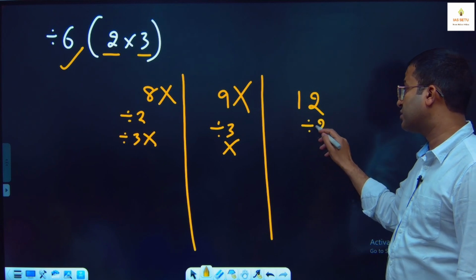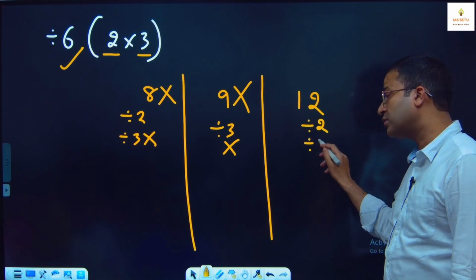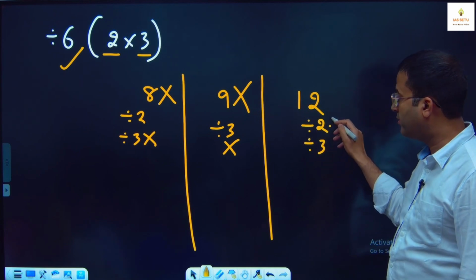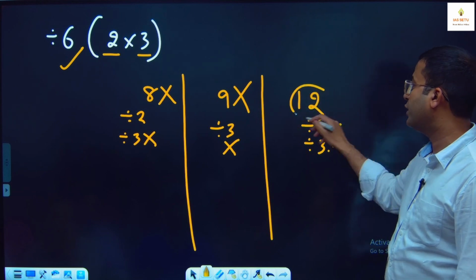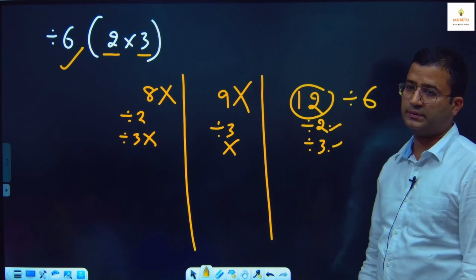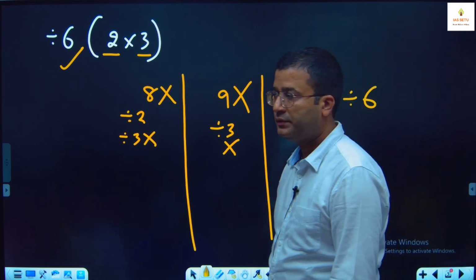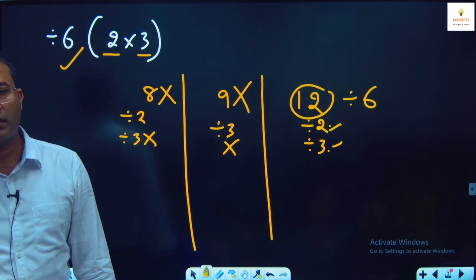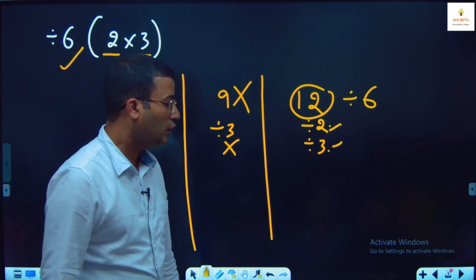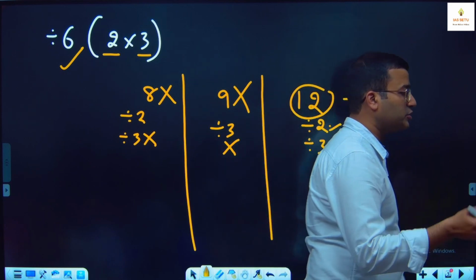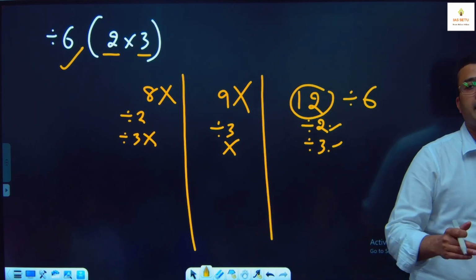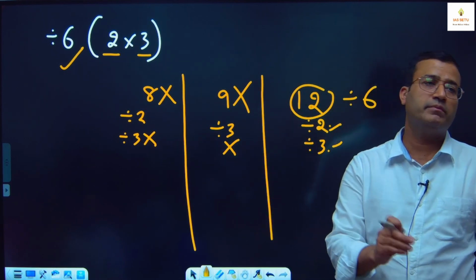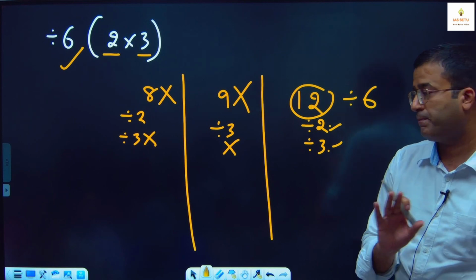Here it is divisible by 2, it is divisible by 3, since it is divisible by both 2 and 3, it is divisible by 6. So if any number is divisible by 2 as well as 3, that number is divisible by 6.